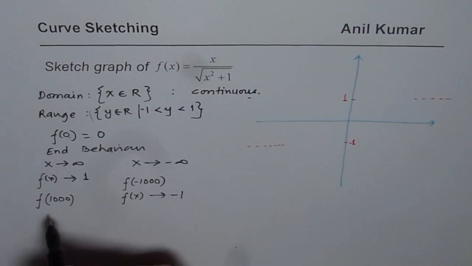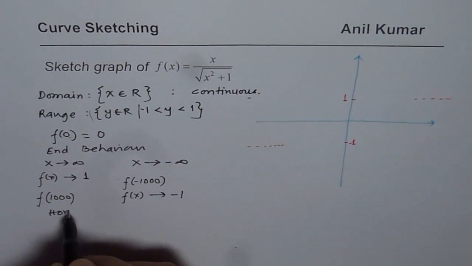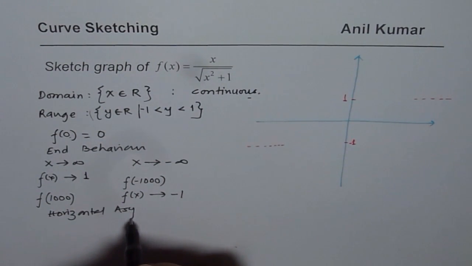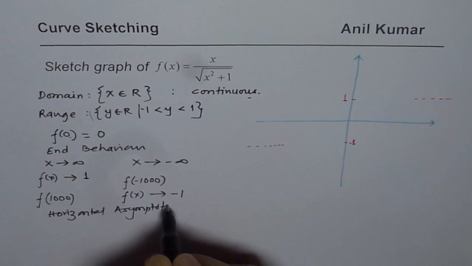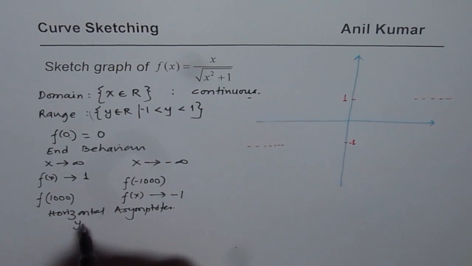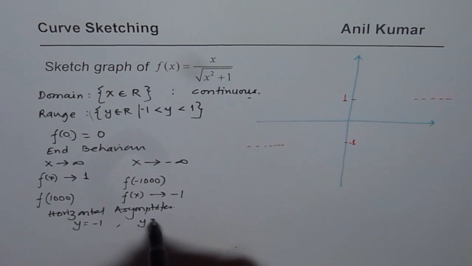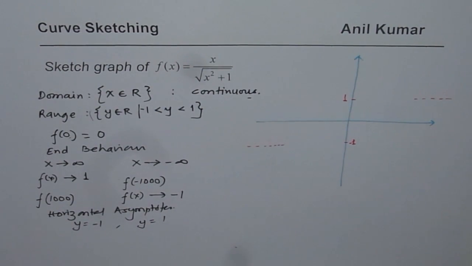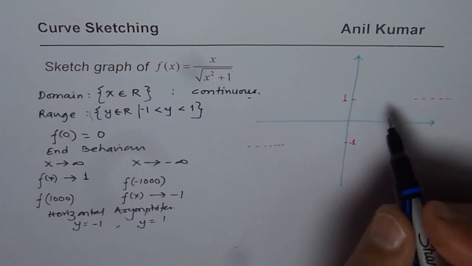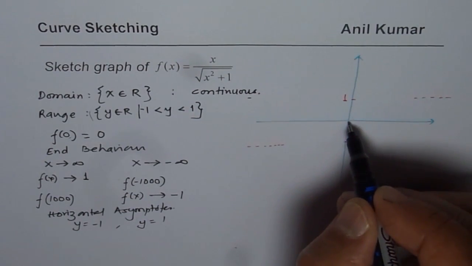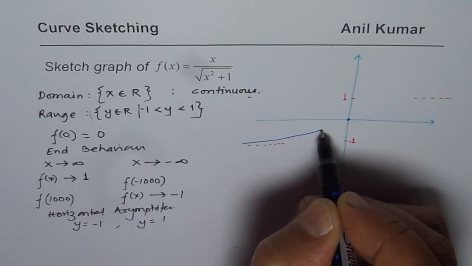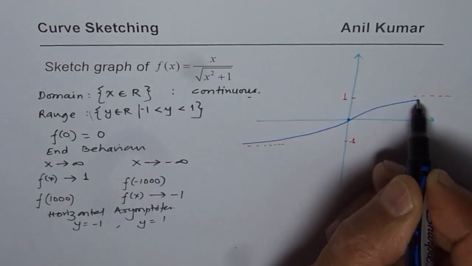We call them horizontal asymptotes. So we have two horizontal asymptotes here. One is y equals minus 1, the other one is y equals plus 1. Now when you sketch this particular function, we are approaching from below, and at 0 we have this point. So you'll find the graph is kind of like this.